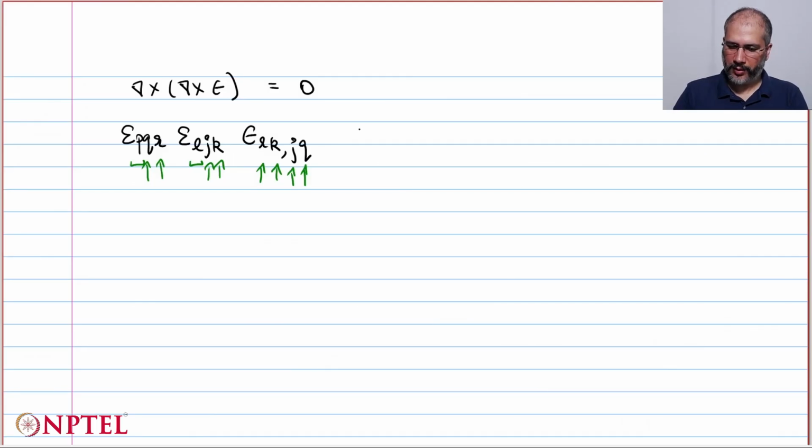So this can be written as C_pl, which is like a second order tensor. So a second order tensor has 9 terms. That means we have a total of 9 terms. And since this thing is a 0, that means we have a total of 9 equations.